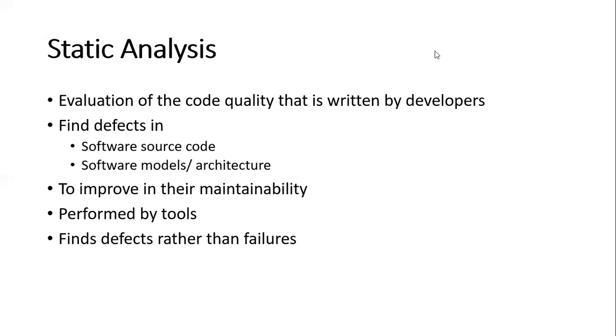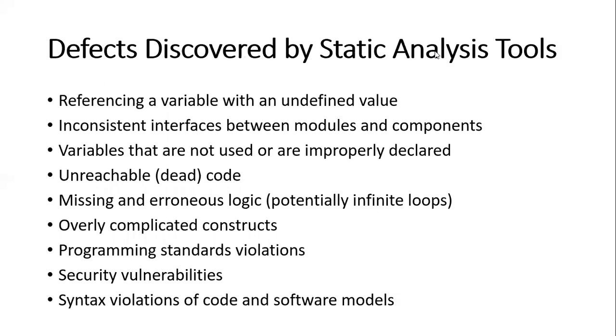But if the static technique is done by people, it most probably falls under the review type. Static analysis focuses more on finding defects rather than failures. When you use a static analysis tool, you can find a different set of defects.